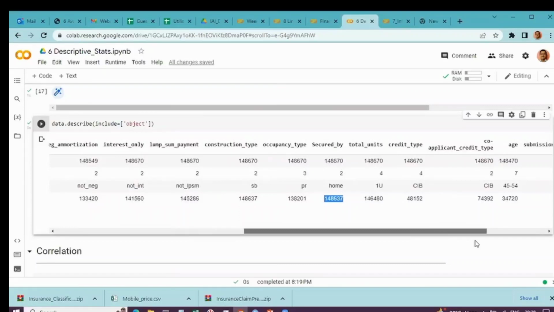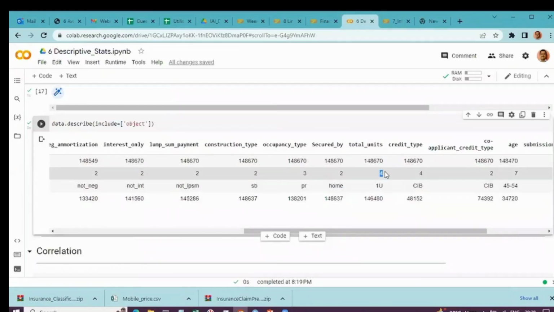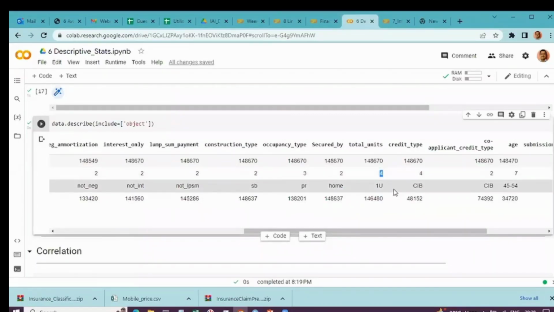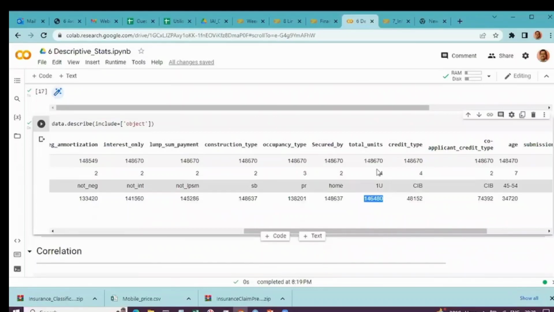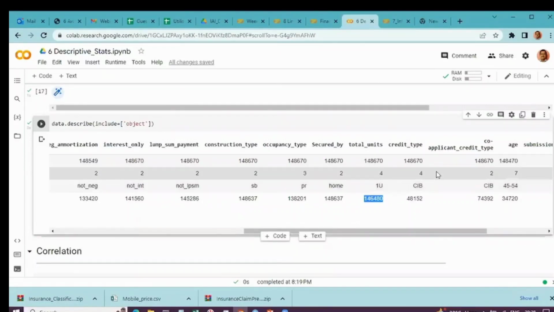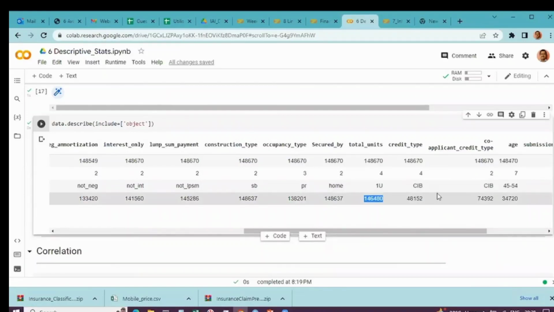Then similarly, total units, there are 4 categories altogether, but out of them, 1 unit category we are seeing around 1,46,480. So the remaining 3 categories you typically see only around 2,000. So we may have to see individually each count. We'll do that exercise. Right, credit type, again 4 categories with 48,000 for the CIB.